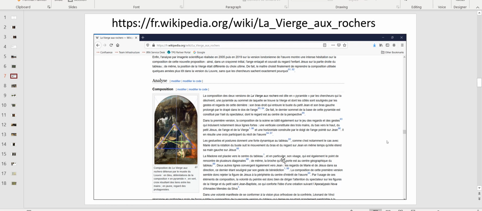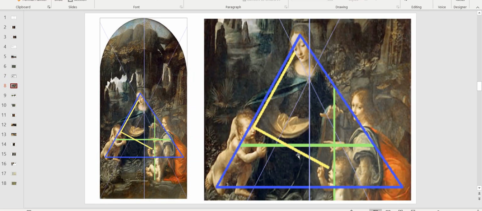How is it composed? By a triangle, blah, blah. And I saw this. I did not write any line on this photo. This is Le Louvre Museum providing on the French Wikipedia page of that painting the composition of the painting.